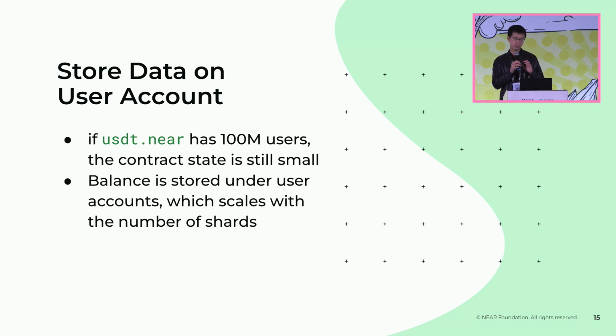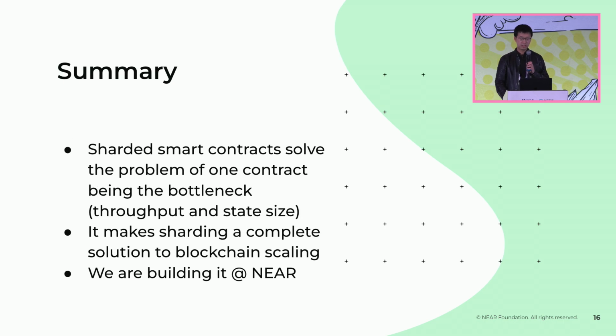So essentially, you transform the problem of one account having a lot of storage into lots of different accounts, each having their own small piece of storage for this contract. And this would scale with the number of shards. This is a very interesting change, and obviously there's a lot of complexity behind how it actually works and how to handle the runtime, which we won't dive into today.